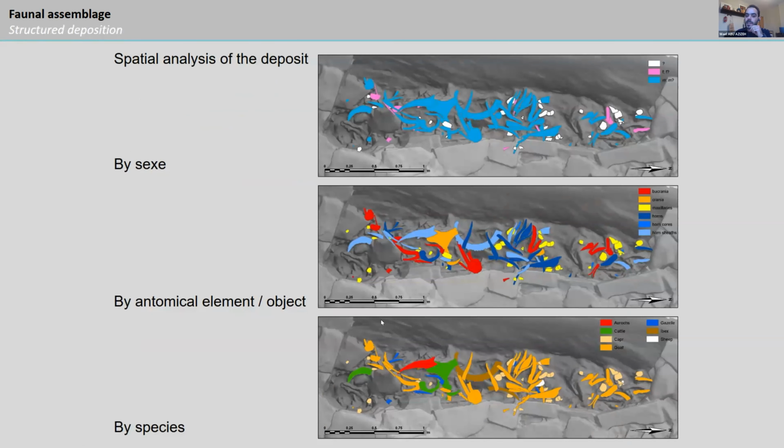So the spatial analysis of the faunal assemblage does not reflect a clear patterning in the distribution of the remains, at least at first glance. Here we have tried analysis of the assemblage through sex distribution first, anatomical element type of objects, and by species as well. But no real pattern appeared through these various criteria.